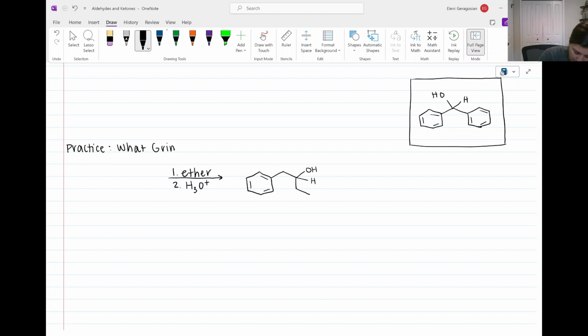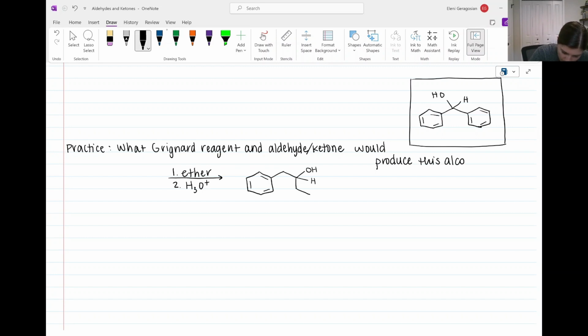We'll do specifically Grignard reagent. So we're looking for a Grignard reagent and then an aldehyde or ketone to produce this alcohol product.